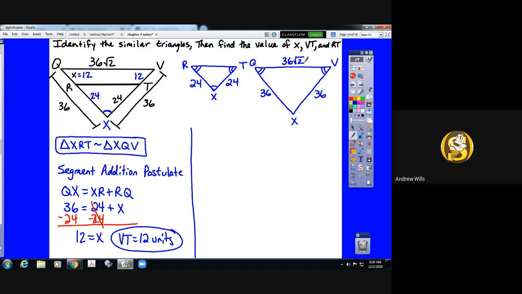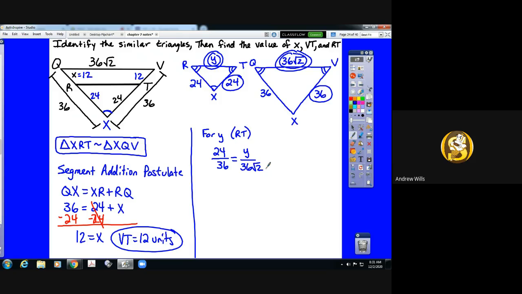Basically, if we need to know the length of RT, we could just insert some variable there. Let's say we write in a y. And then since these are similar triangles, we can just set up a proportion. 24 is to 36 as y is to 36 root 2. And then we cross multiply.